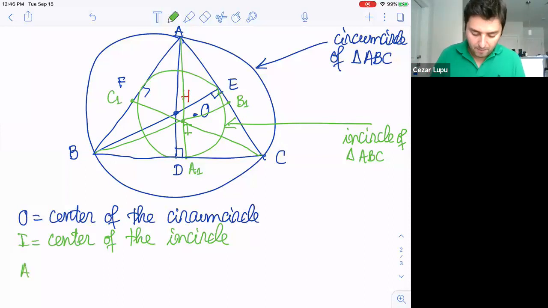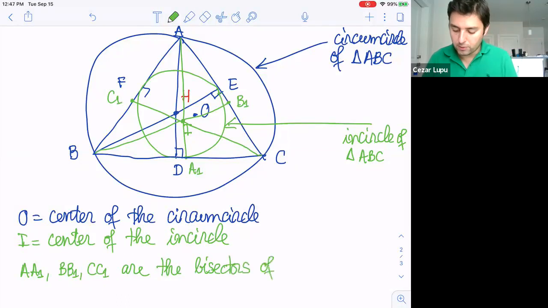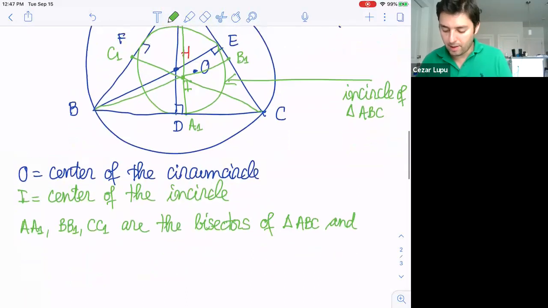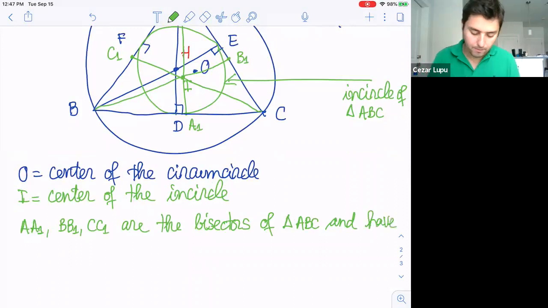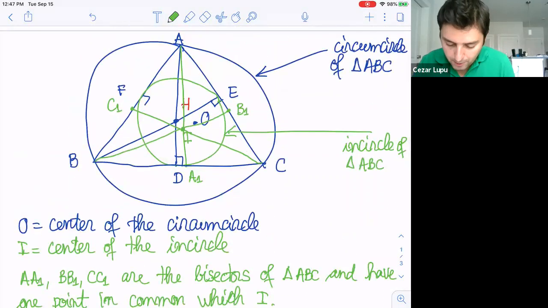So AA1, BB1, CC1 are the bisectors of the triangle ABC, and they have one point in common, which is I, the incenter. This is where they meet up, right?